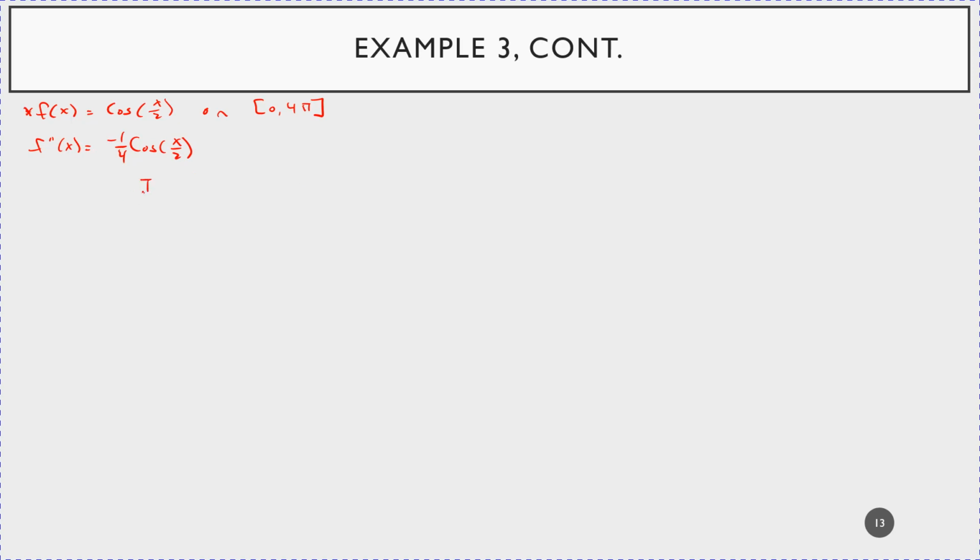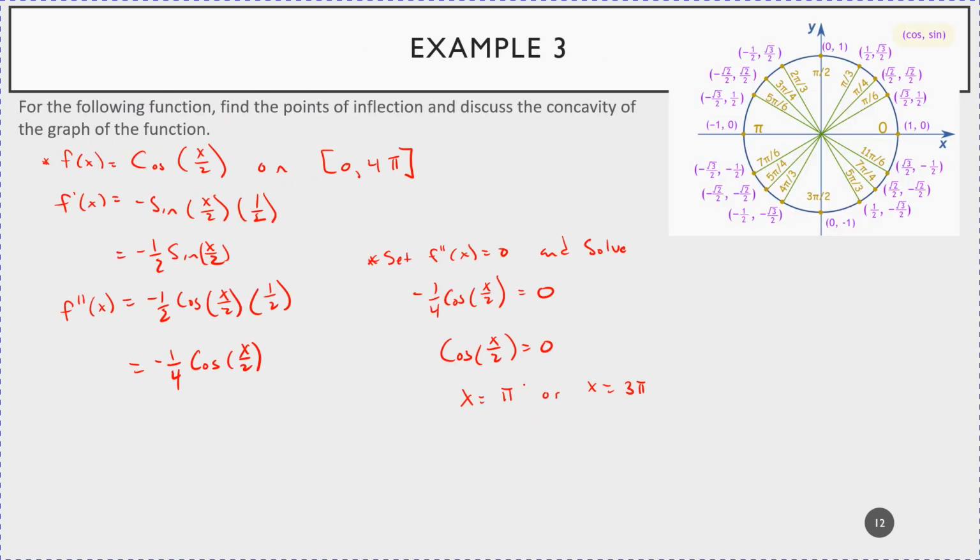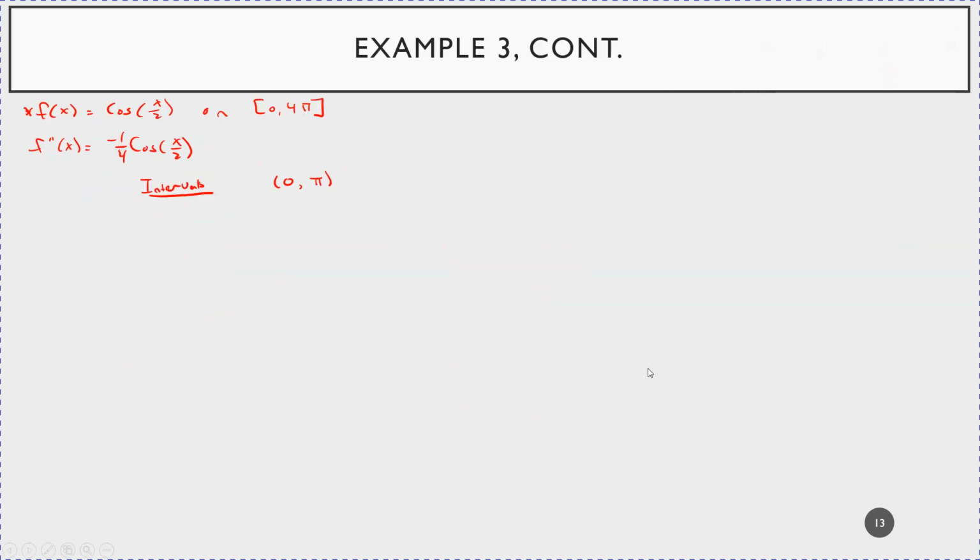So again, set up our intervals. The first interval is going to go from 0 to pi, because going back, that was one of our first values. Then it's going to go from pi to 3 pi. And then that last interval is going to go from 3 pi to 4 pi.